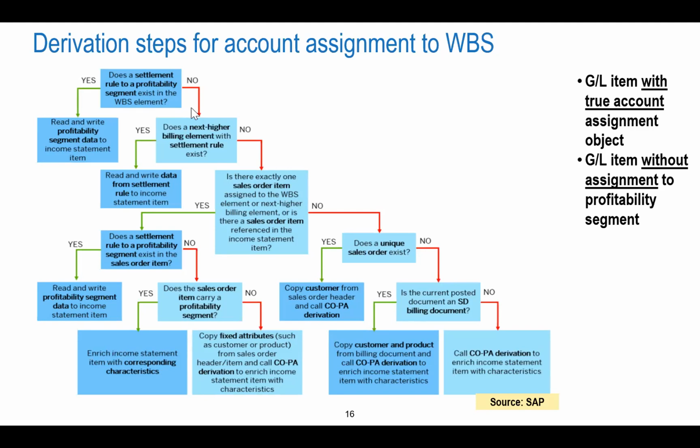We have to look closely at what needs to be done for that situation. So the true account assignment object concept is very crucial. That's one of the reasons I brought up this layer, so you can see how the system does it. It's a wonderful flow diagram to understand the derivation rules.